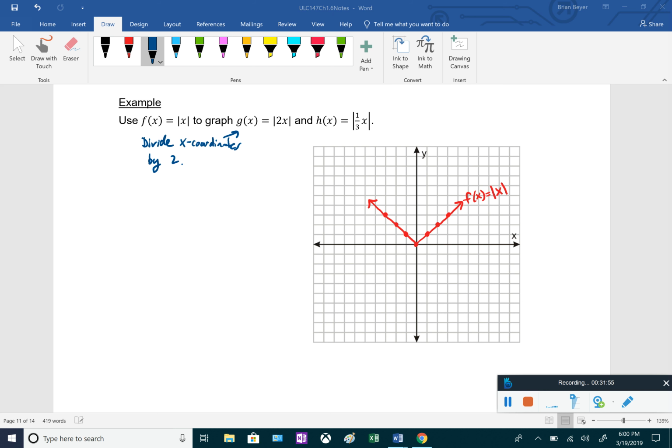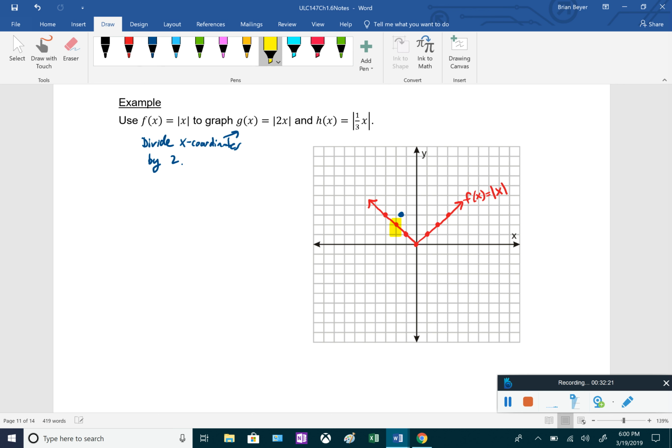I'll start from the left. For this coordinate all the way over here, negative 3 comma positive 3, the x coordinate is negative 3. Divide that by 2, and we get negative 3 halves, so negative 3 over 2, which is negative 1.5. The y coordinate stays the same, so it'll be that point.